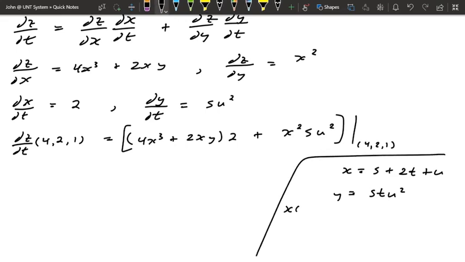So x at 4, 2, 1 is 4 plus 2 times 2 plus 1, which is 9. y at 4, 2, 1 is 4 times 2 times 1 squared, which is 8. Okay, plug in those values for x and y here in del z del t.